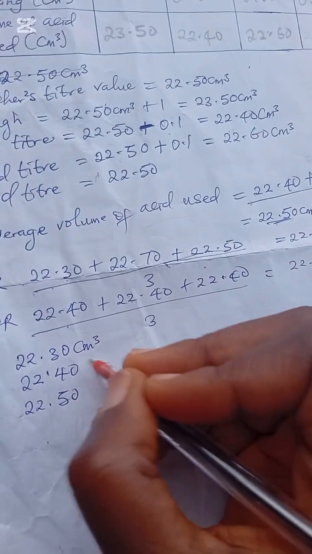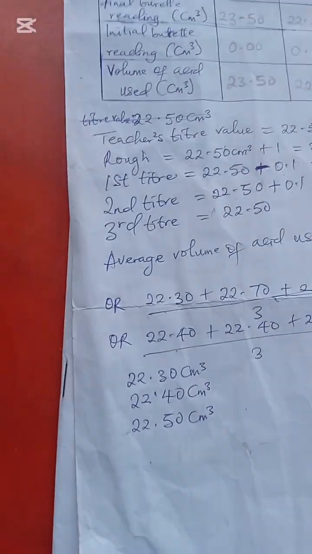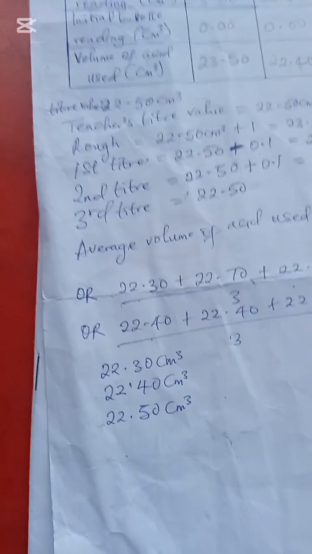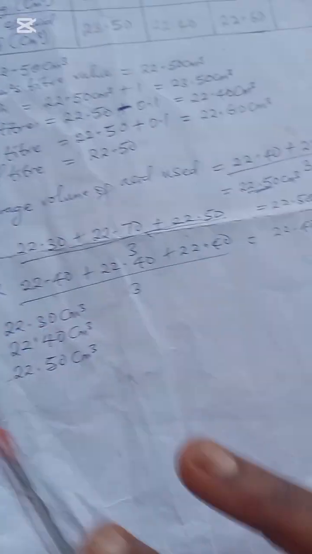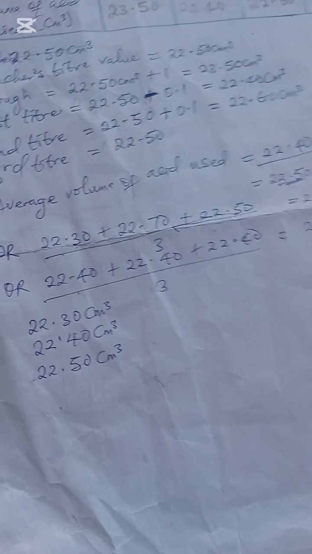These are the concordant values that WAEC will be considering. If you don't get anything within this range, you will fail it. So these are the concordant values that WAEC will consider, plus or minus 0.2.